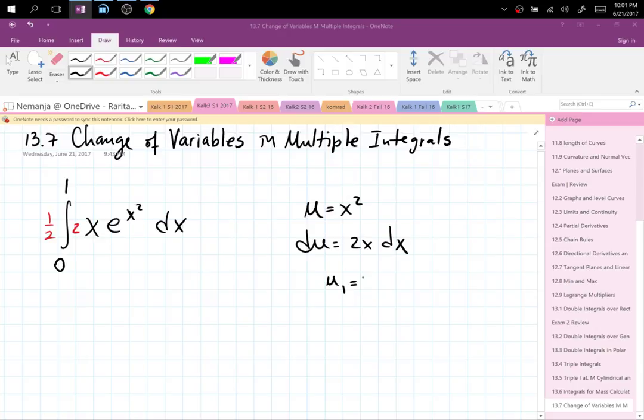These are bad limits, so let's just go 0 to 4. Now I have 1/2, and the new limits are 1, and then u2, when you plug in 4, is 16.